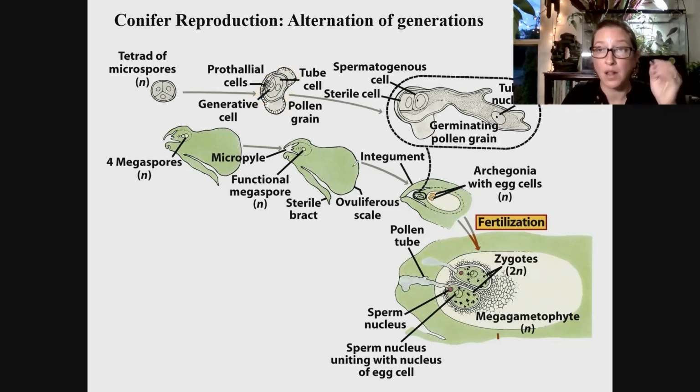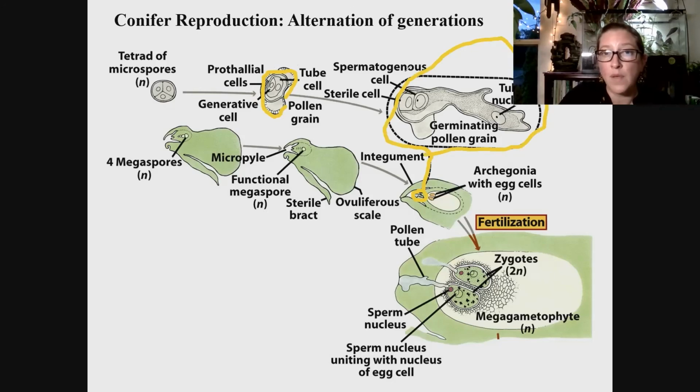Eventually, the pollen grain is here, Mickey Mouse. Eventually, the pollen grain will land on the tip of the ovule. That's what this is showing you here, and this is a close-up of that. When the pollen grain lands on the ovule, this pollen tube cell will grow. And it will grow into the ovule and allow the sperm to reach the eggs, which is what is showing you down here.